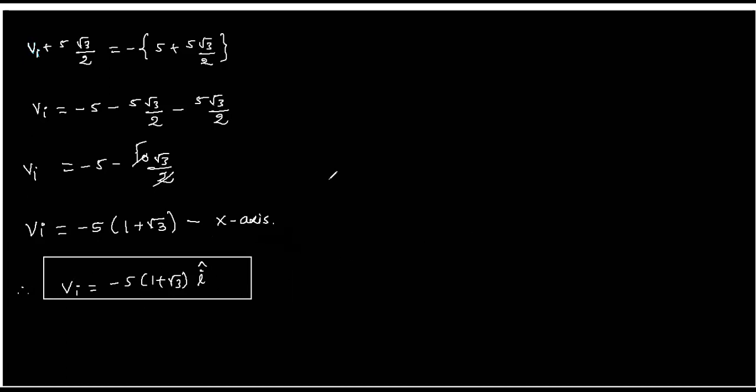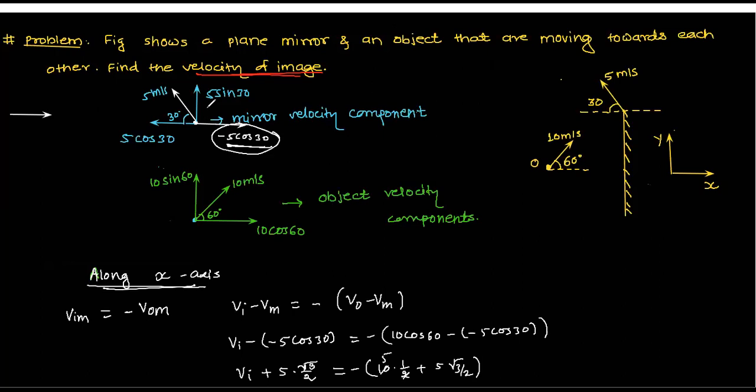Next, now along the y-axis, what happens? Along the y-axis there is no change in velocity: velocity of object is equal to velocity of image. So whatever the velocity of object is along the y-axis is equal to the velocity of image along the y-axis. Therefore you see in the diagram here, along the y-axis the velocity of the object, this one, right, is 10 sine of 60.